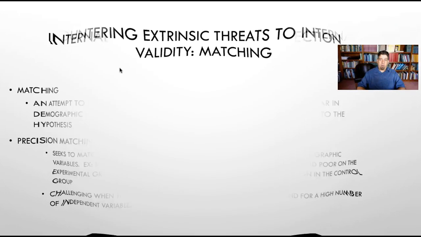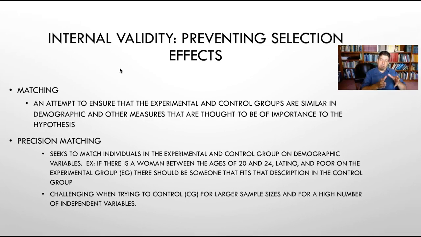The key difference between these two forms of matching is that precision matching tries to match each individual in the experimental group with an individual in the control group so that they are basically identical in terms of the demographic variables that have been selected.